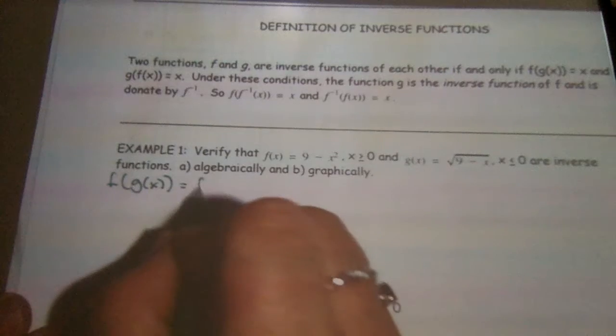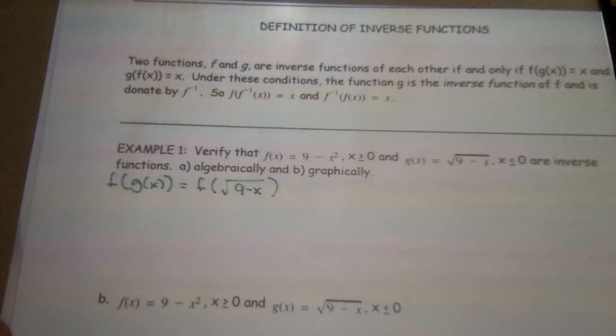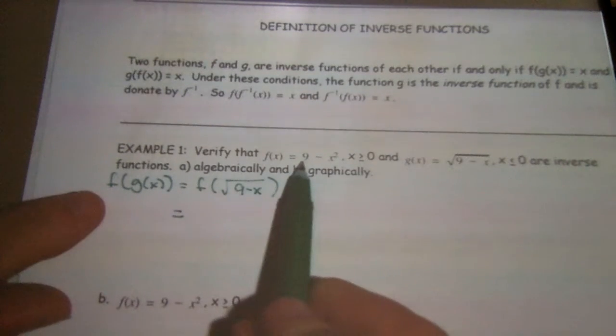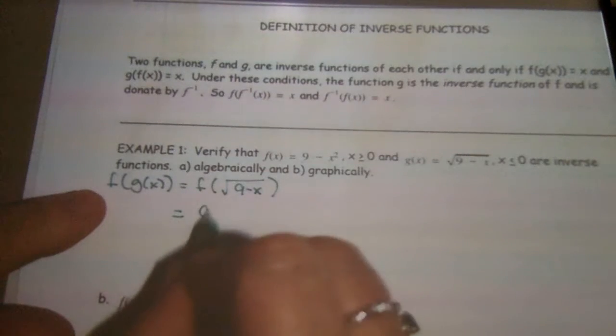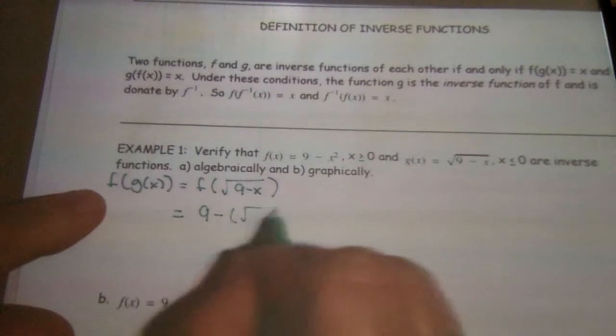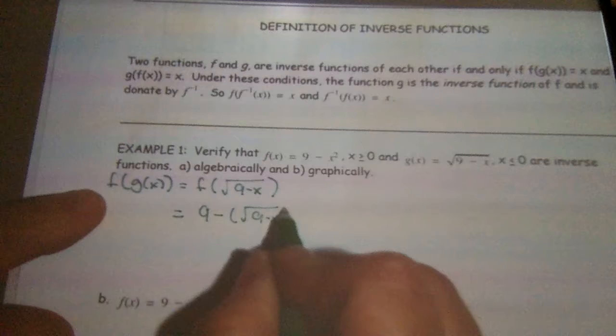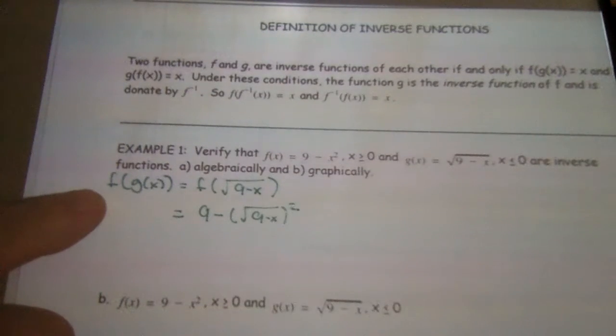That means I take f and plug in the square root of 9 minus x for it. My f function is 9 minus x squared, so that's going to be 9 minus the square root of 9 minus x, quantity squared.